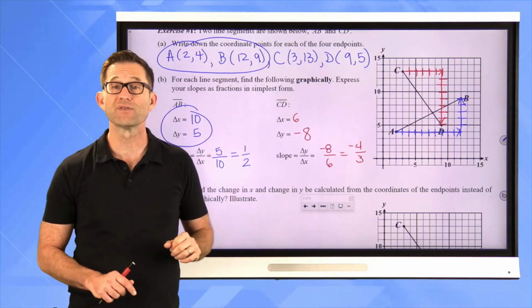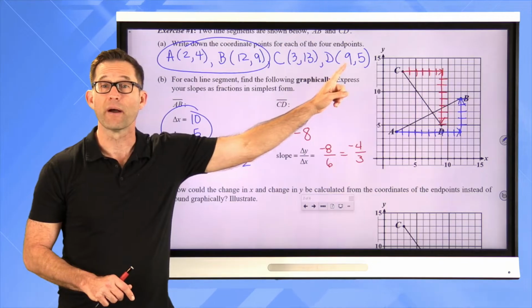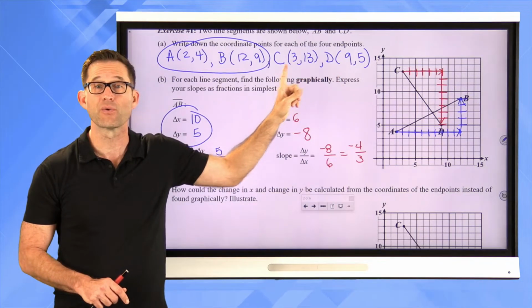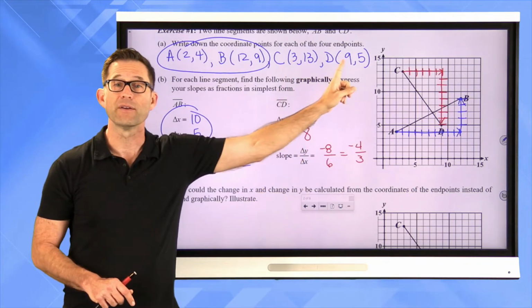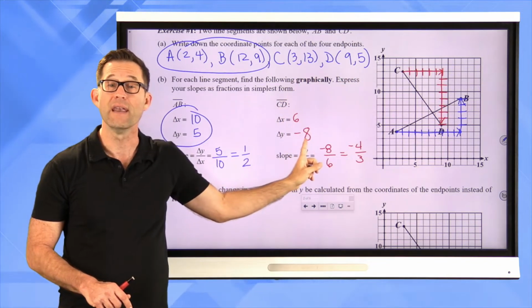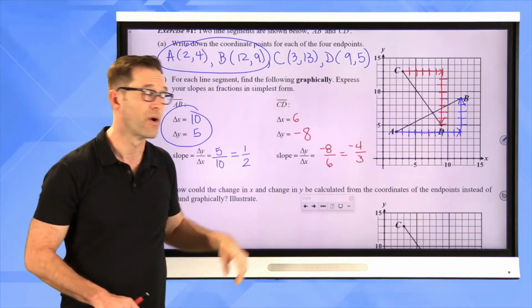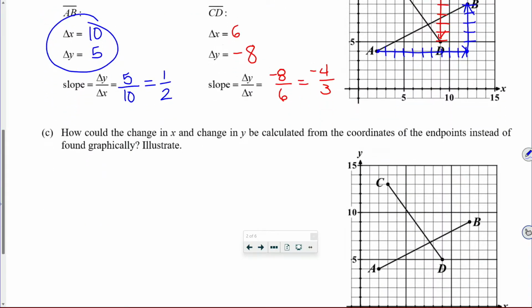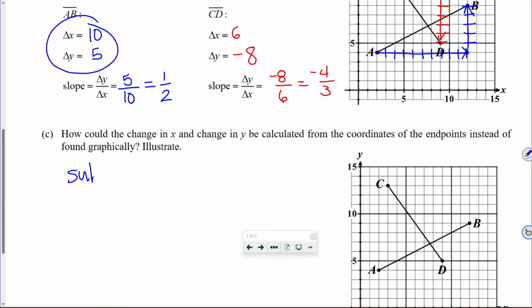And that works just as well with CD, because for my change in x, I can do 9 minus 3 and get 6. And for my change in y, I can do 5 minus 13 and I'll get -8. So we can simply subtract.